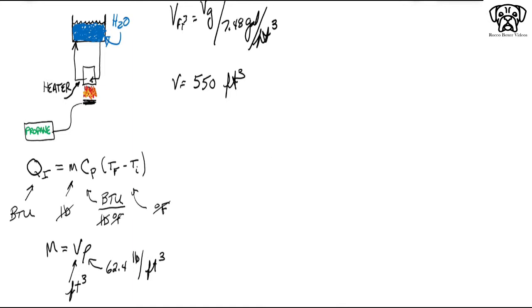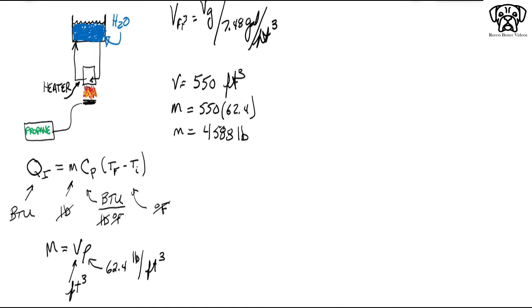So we know the mass of our hot tub equals 550 times 62.4, and that equals 34,320 pounds of water.